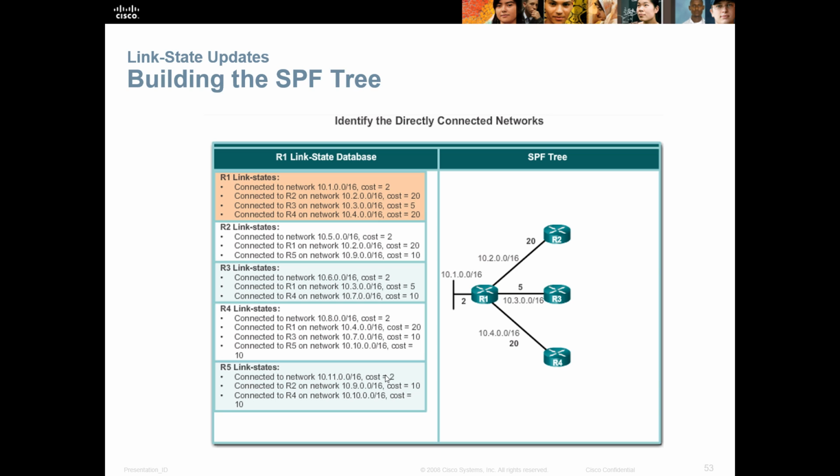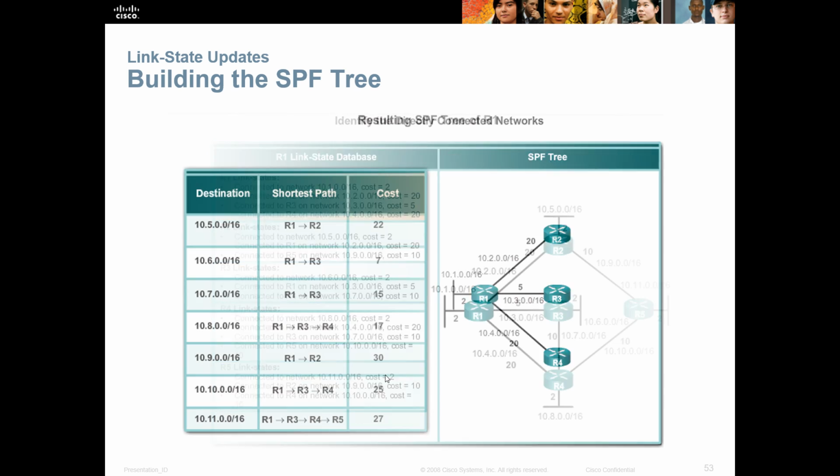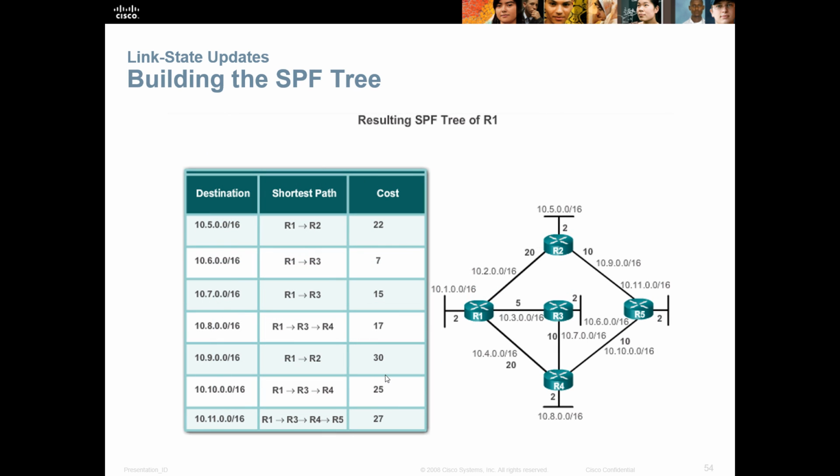So building the SPF tree, we'll slowly go through each of these LSPs and build the appropriate costs. That way we can see the appropriate shortest path to all of our networks.